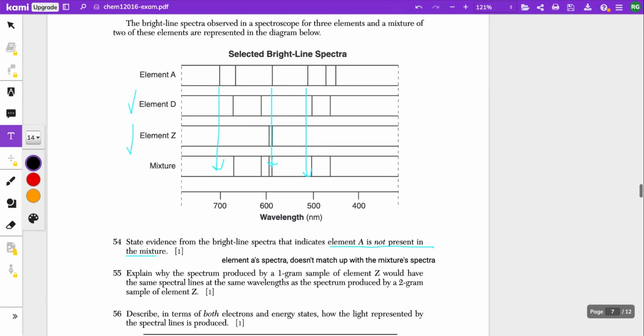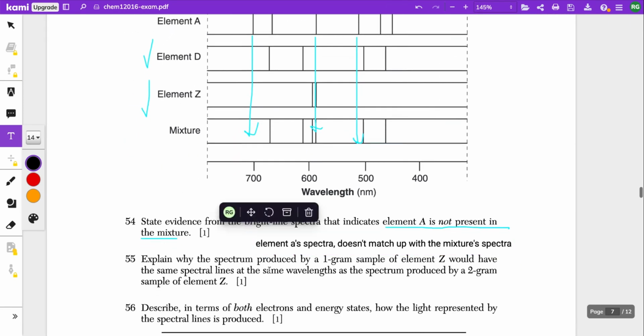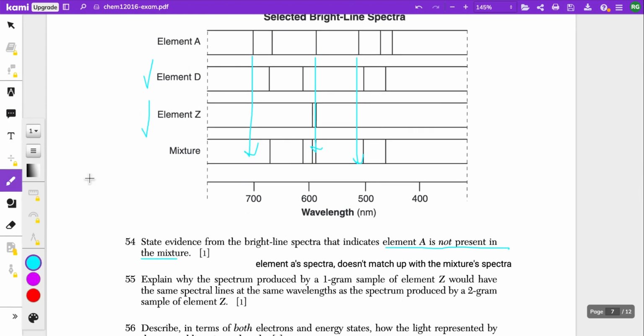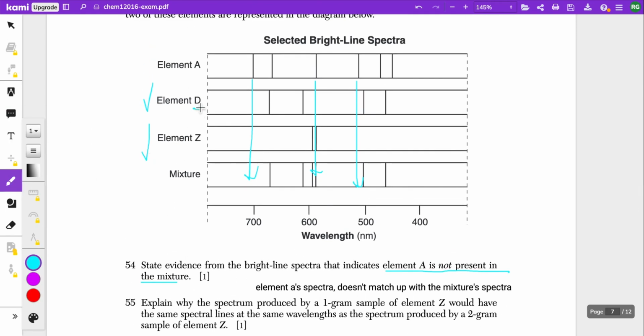Explain why the spectrum produced by a 1 gram sample would have the same spectral lines as that produced by a 2 gram sample. Imagine if element D was carbon. No matter how much carbon you have, whether 100 grams or 200 grams, the spectra is still going to be the same.